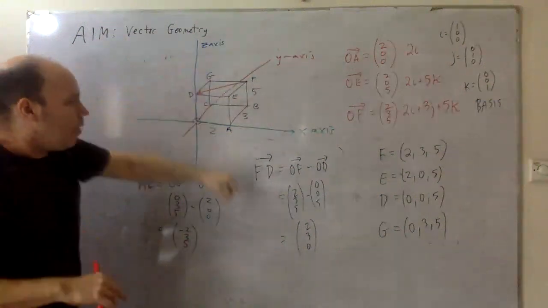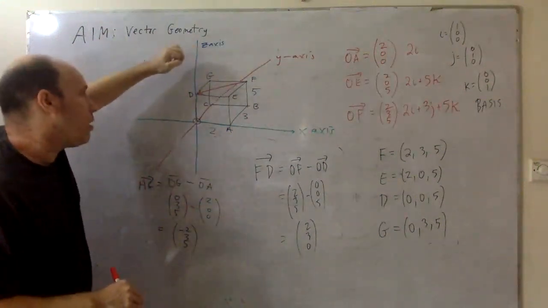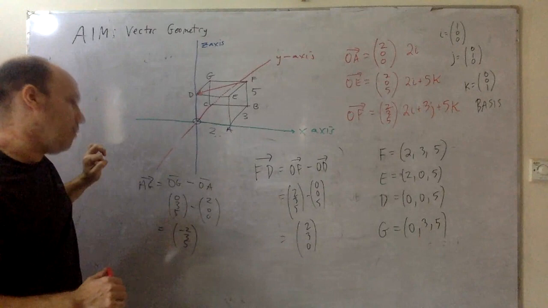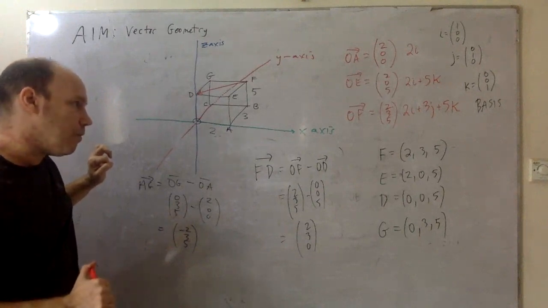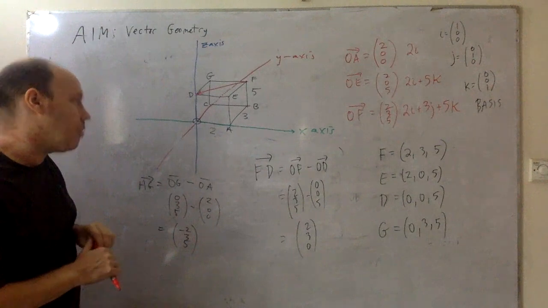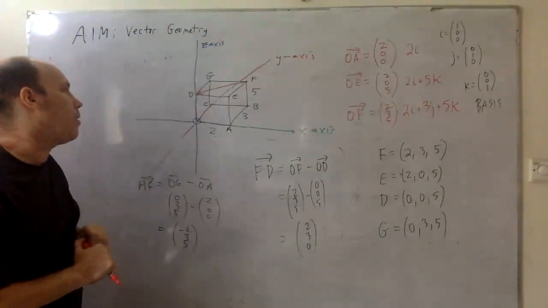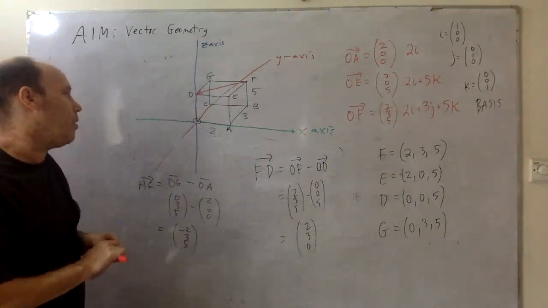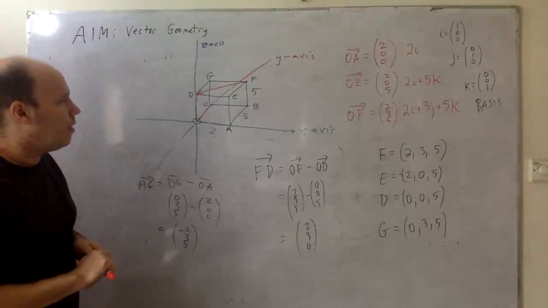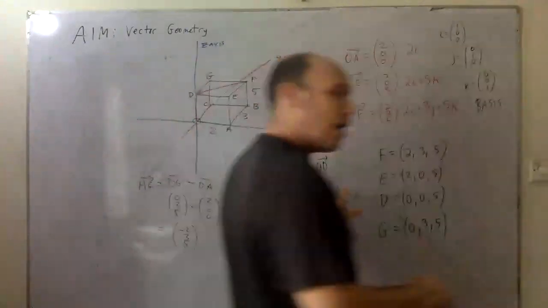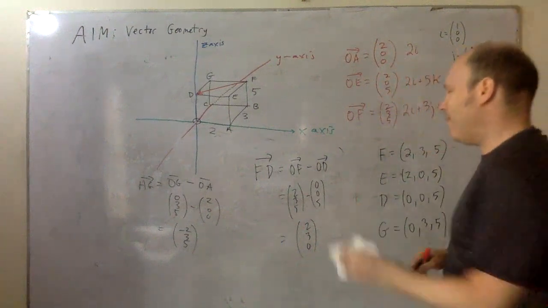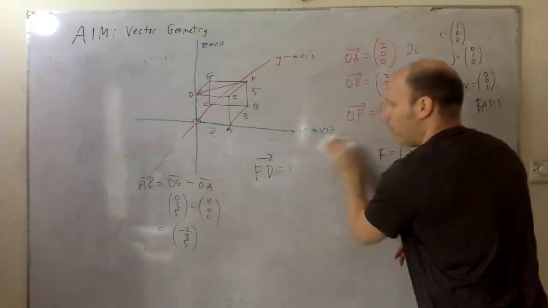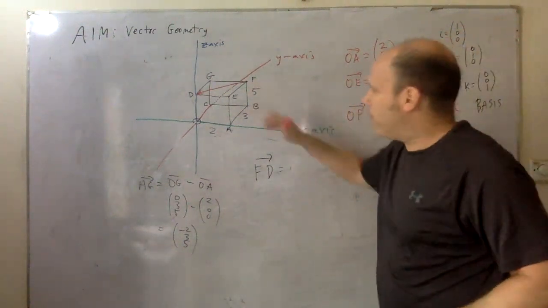Let's do the F. I have to go F to G. Oh no, I got this wrong. I'm sorry.